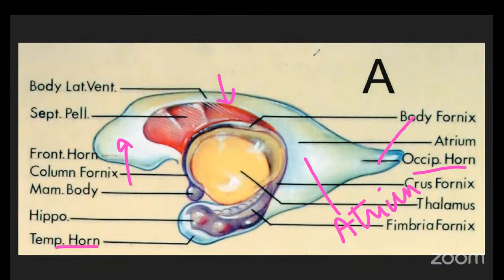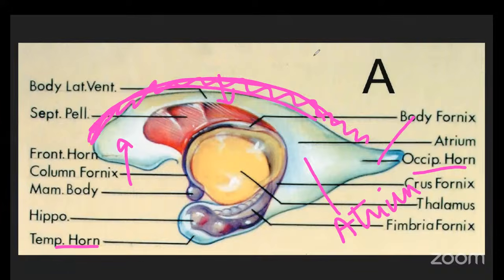Now, if you see, thalamus is wrapped by the lateral ventricle and corpus callosum goes on top of it. So, understandably, a lot of the relationships are going to be with these structures. Corpus callosum is going to form the roof of a lot of parts of the lateral ventricle, not all, but most.